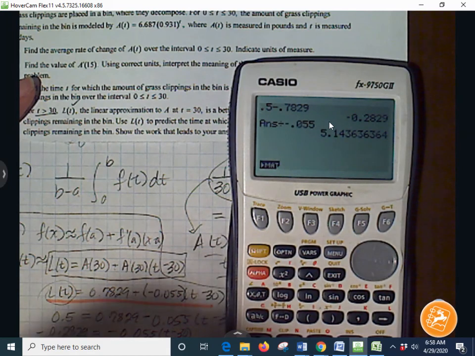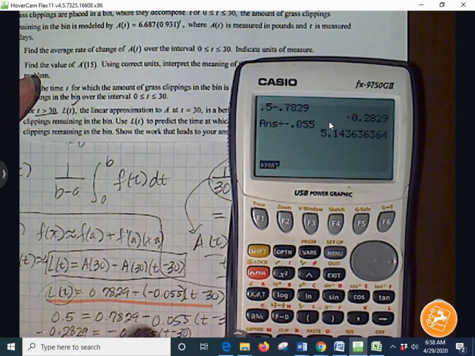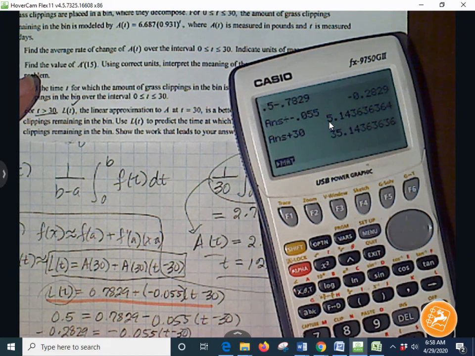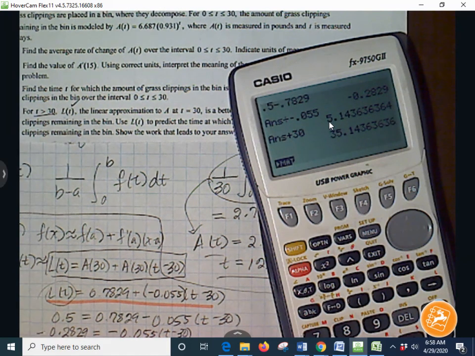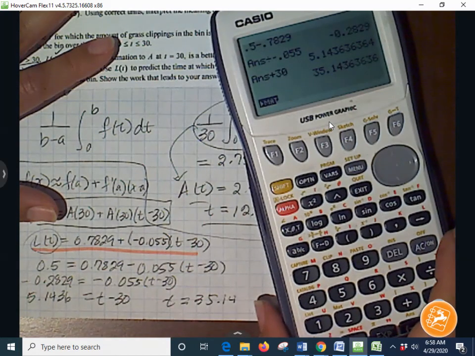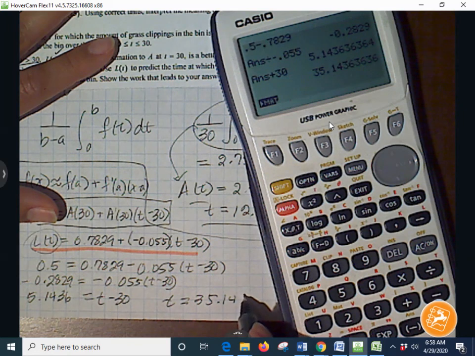So I have 5.1436 is equal to t minus 30. I'm going to add 30 to both sides, and so t is equal to 35.1436 days. Sorry, you couldn't see that.